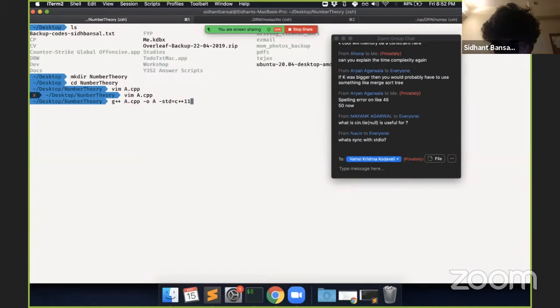That means if you have some cins and some scanfs in the same code, they won't read from one another. But when you disable this flag, you basically say don't work synchronously. So cin stops waiting for scanf. You can read it up on Stack Overflow or something. That's the broad idea, and that's why it becomes faster.